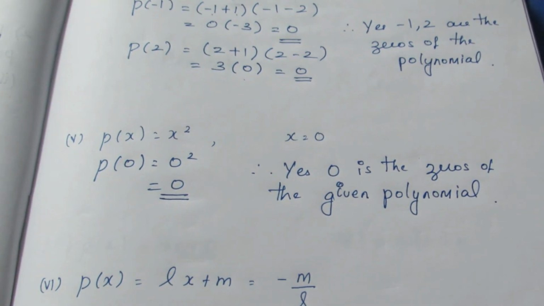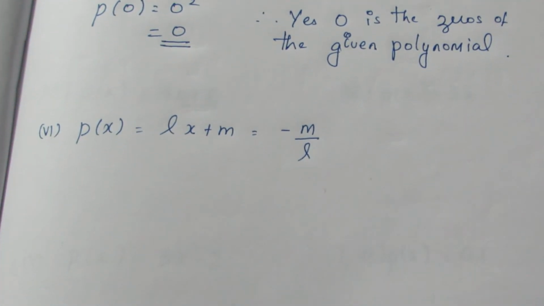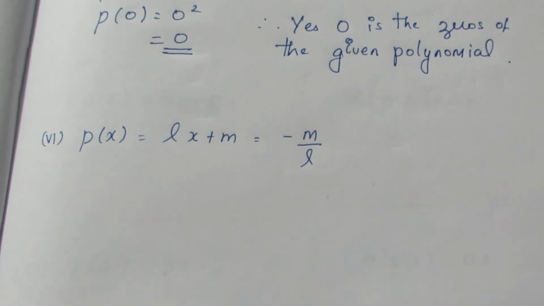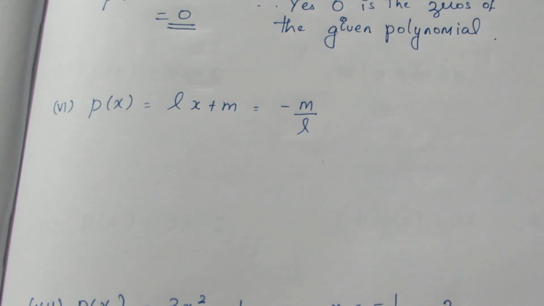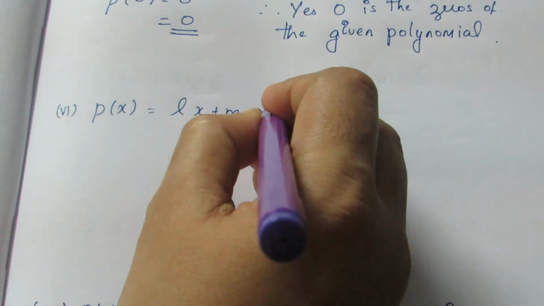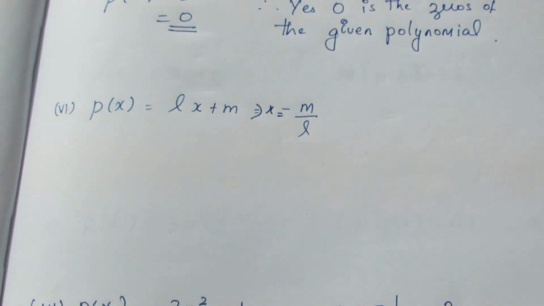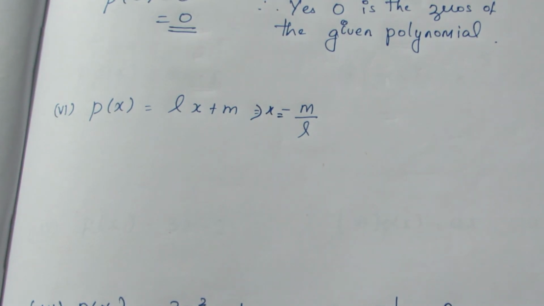We'll move on to the sixth one. In the sixth one, it is given that p of x is equal to lx plus m, and they have asked us x to be minus m by l. So just substitute the value of minus m by l in the place of x.